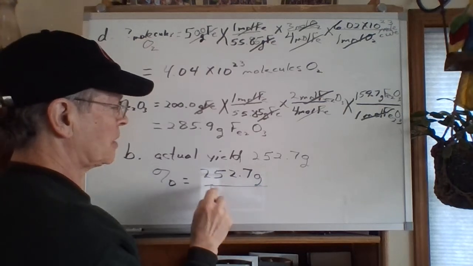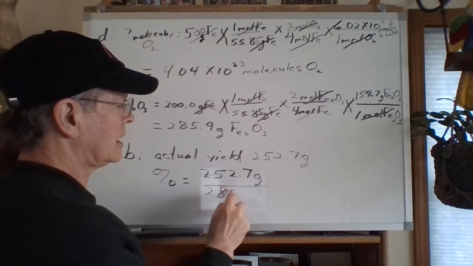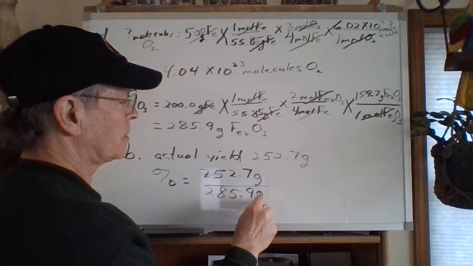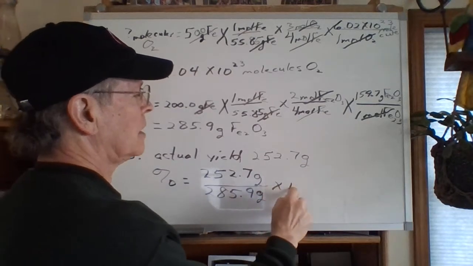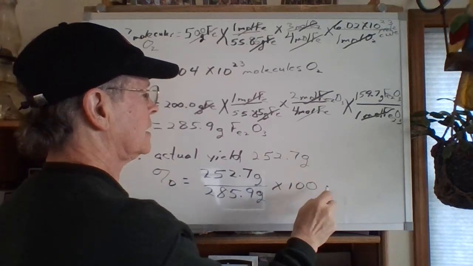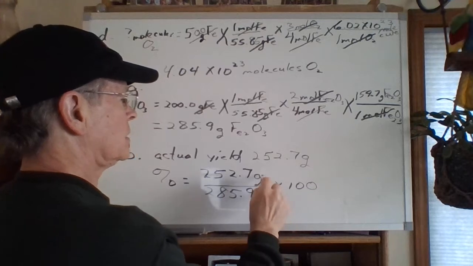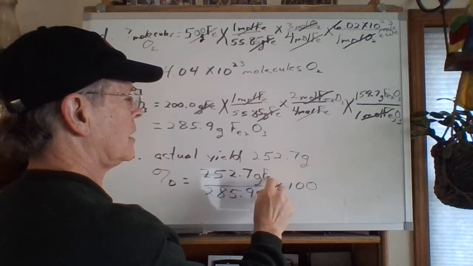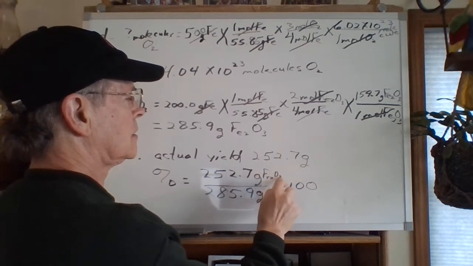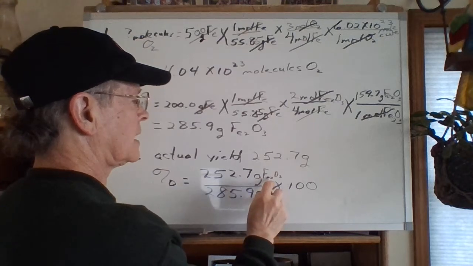252.7 grams divided by 285.9 grams, multiply times 100 to get a percent. Both of these are grams of Fe2O3, which of course will cancel.